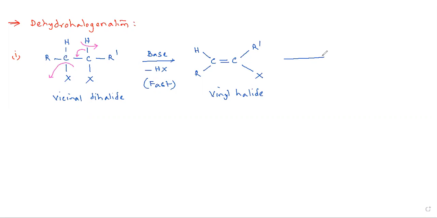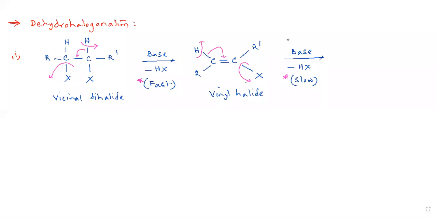Now this again undergoes dehydrohalogenation, elimination of HX again. But interesting is this is slow. First step is fast, second step is slow. Even here also, base abstracts H plus, this will come here, then this goes off.